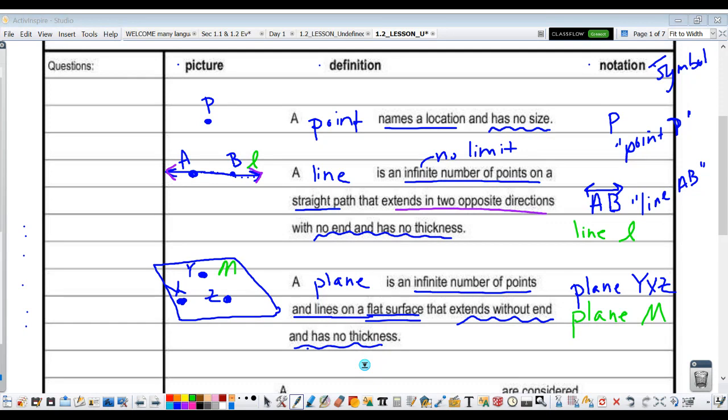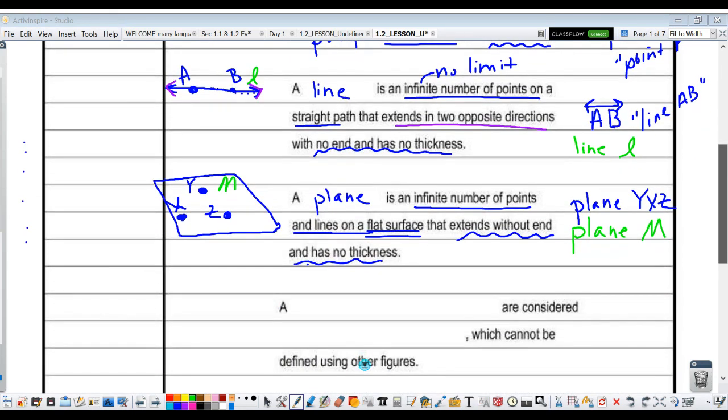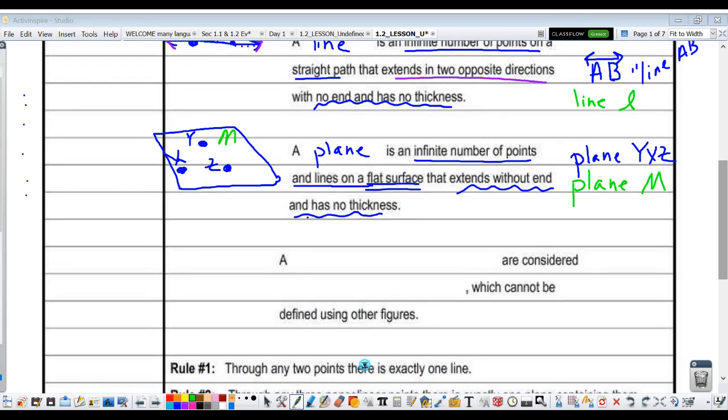In geometry, we start with definitions. Always start with definitions. And from there we look at patterns that always happen to be. But first, let's talk about those confusing squiggle lines where something has no end, no thickness, and what that is just, it's an idea.